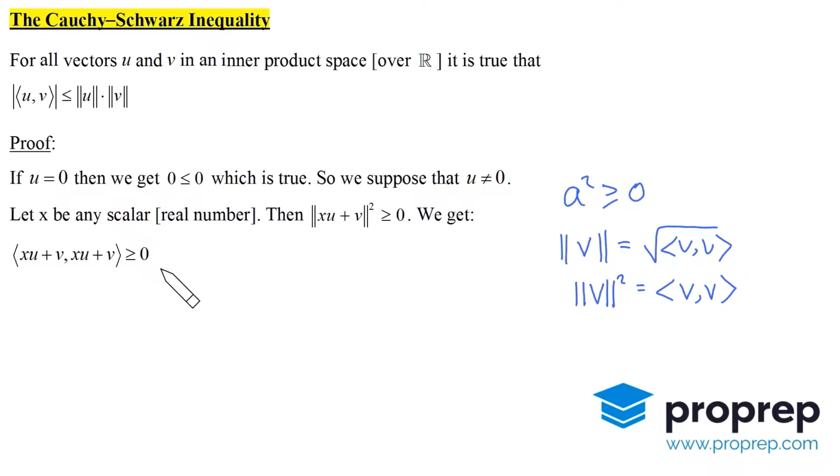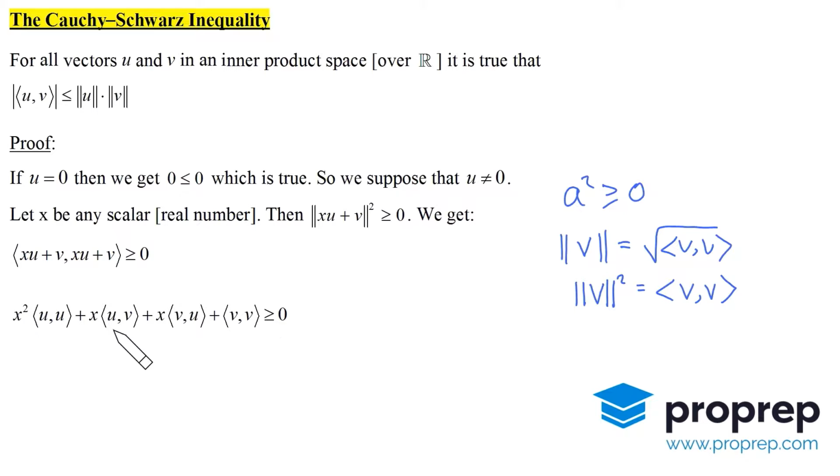So far, so good. At this point, we expand this using linearity, homogeneity. We've done this kind of thing before, so I won't dwell on the details. Basically, we have xu with xu, xu with v, v with xu, v with v, four inner products. We add them. We also take the constants, the scalars, outside. So this gives us this expression.